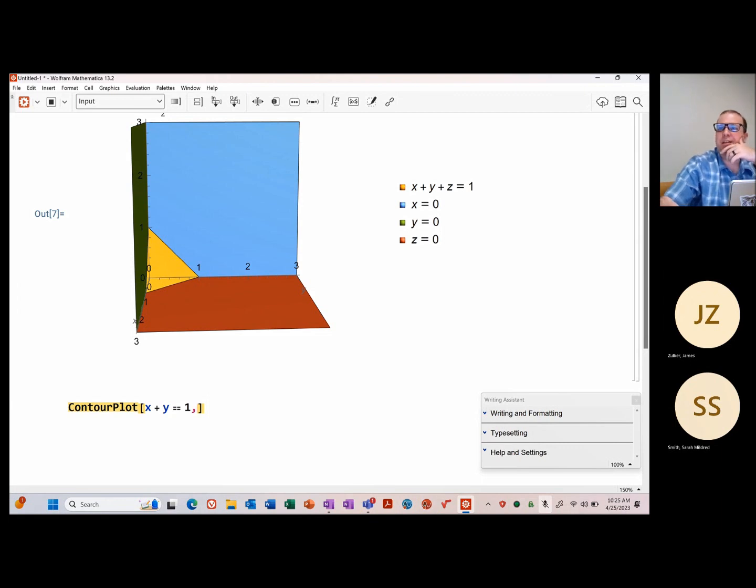So I'm just replotting the plane, now with z being 0, because I want to plot it in the xy plane to determine its domain.